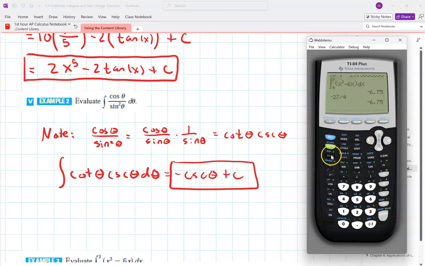But if I did the integral, I'll just do it, say from 0 to 1 of cosine theta over sine theta squared, d theta, it's going to give me an answer here, hopefully.